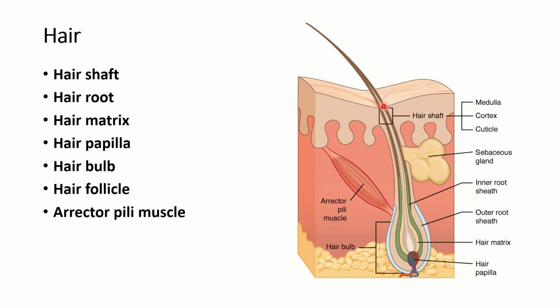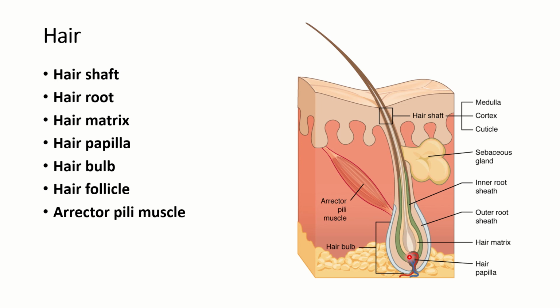The hair, you can see that there are two different parts. One is the visible part, and this is the shaft, and the one that is deeper, you cannot see it, that is the root. Then there's the deeper part of the root, called the hair matrix. This is where new cells are formed, the hair grows from here.